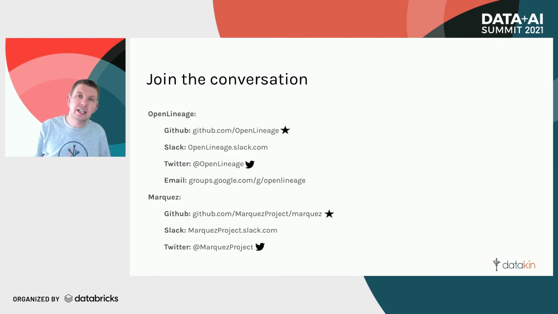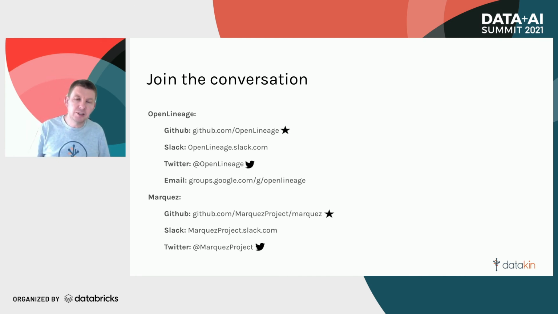And on that, I'll encourage you to join the conversation. You can find OpenLineage on GitHub. There's an OpenLineage repo. We have a Slack channel. You'll find all the contact information on the OpenLineage GitHub repo. There's a Slack channel, Twitter account, and Google groups for people who prefer email.